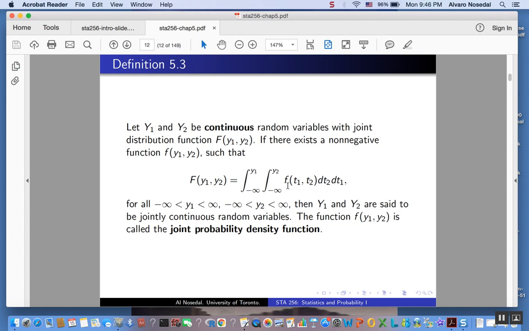So now, instead of having a single integral, we are going to have a double integral. But again, the relationship between PDF and CDF that we saw there is just extended in the bivariate case. So this guy here would be what we call the joint probability density function.